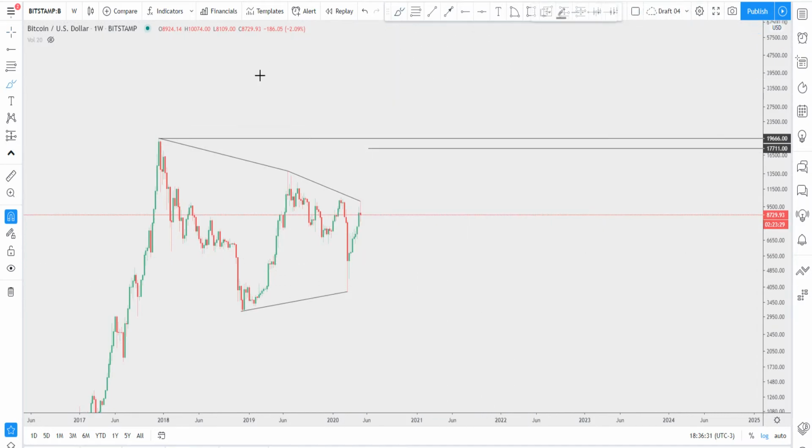So this level will be the main resistance and not the previous all-time high, and I'm going to show you why. The all-time high is not a main resistance level.